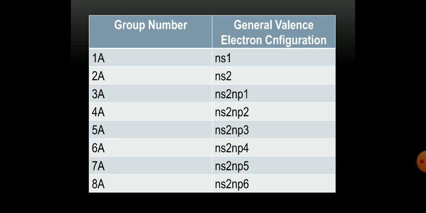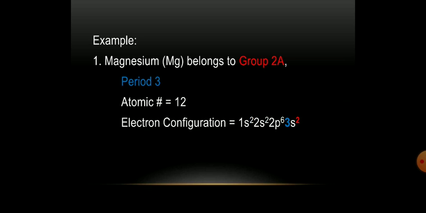If it comes under the second period it will be 2s2. If it comes under the first, you will get 1s1. Like that, the general valence electronic configuration for different groups is shown here in this table.